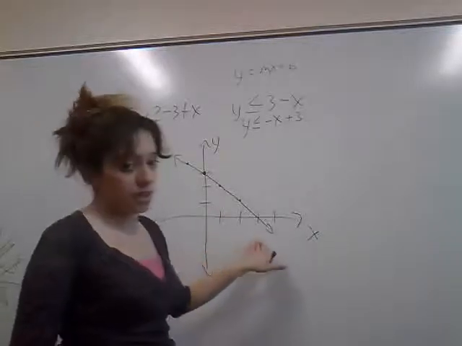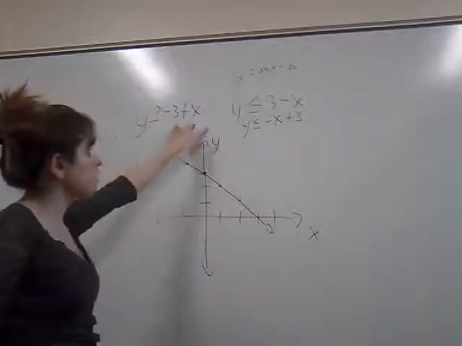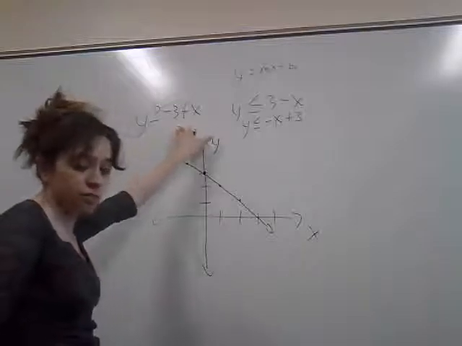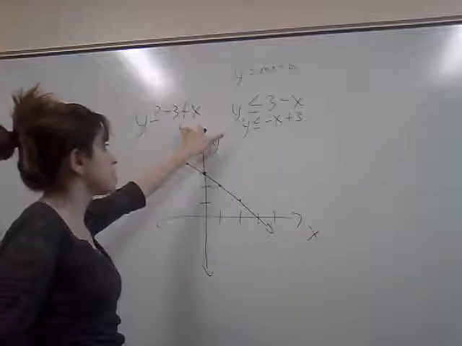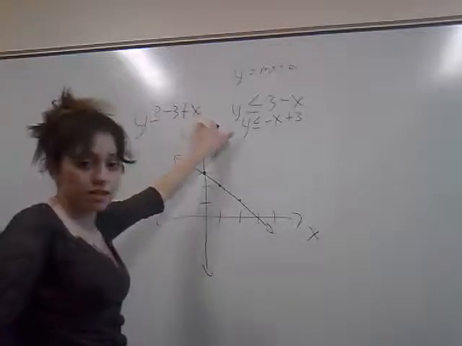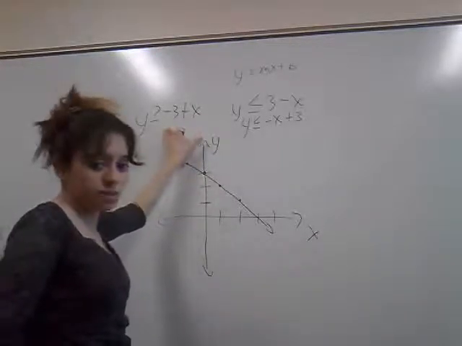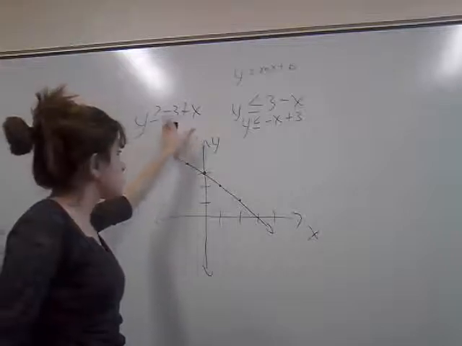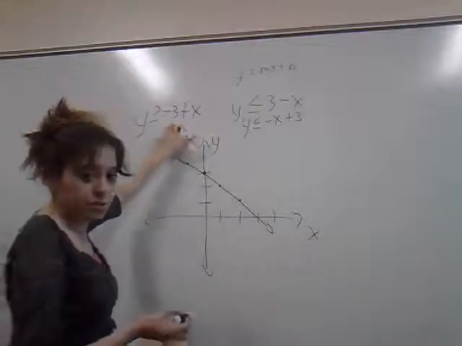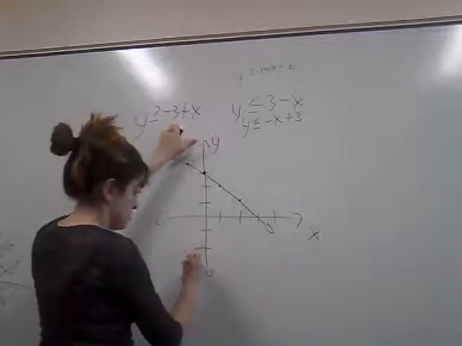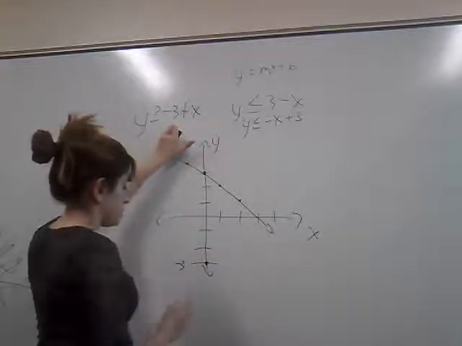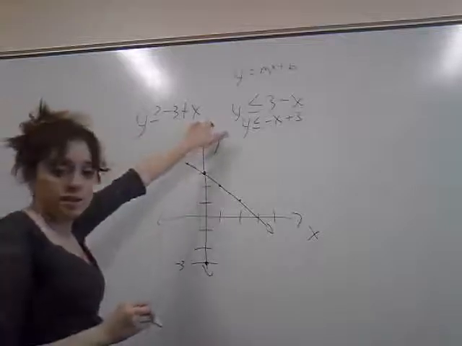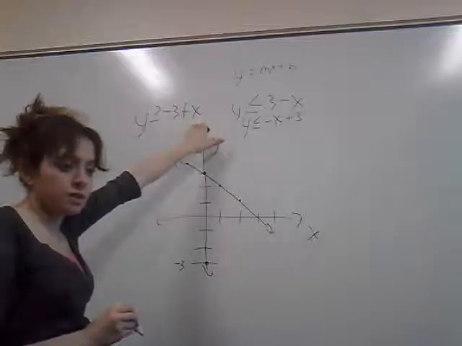Now let's plot our next one. Y is greater than or equal to -3 plus x. So again, you have to realize that your x will give you your slope and your -3 is your y-intercept. So -3, we just find -3 on the y-axis. And then this time x is positive, so we have a positive slope.